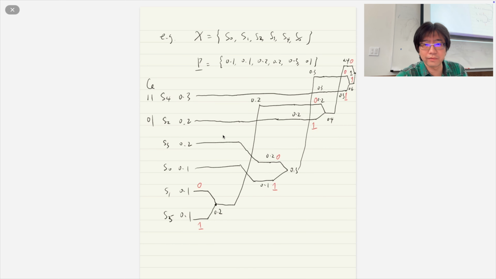Yeah, the third one, we have a 0 here, and then we have a 0, right, and a 1. So it's 1, 0, 0. And for this one, we have 1, 0, 1, so it's 1, 0, 1. And for this one, we have a 0, 0, and 0, so 0, 0, 0, all zeros. And for the last one, we have 1, 0, and 0, so 0, 0, 1.